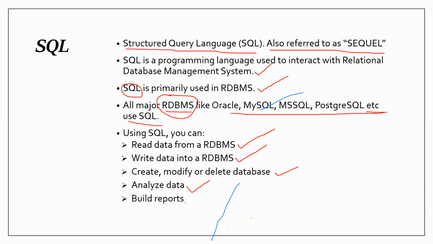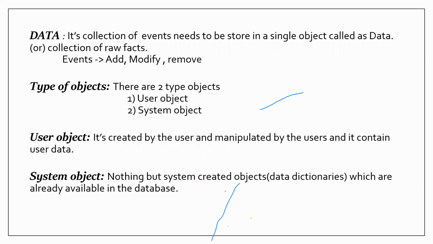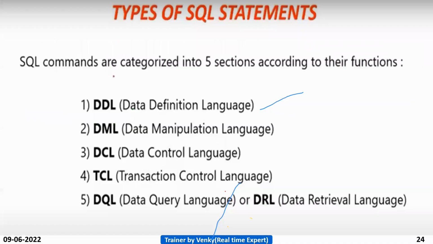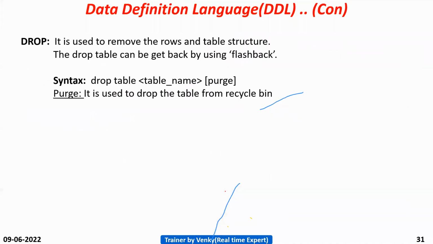So whenever you need to analyze the data, you can connect to the database and analyze the data which is available in the database. Next, they can build the reports by using the existing data. So SQL, existing data.